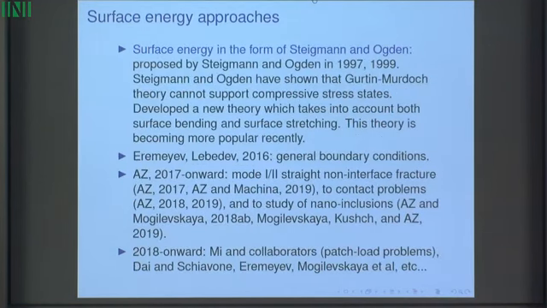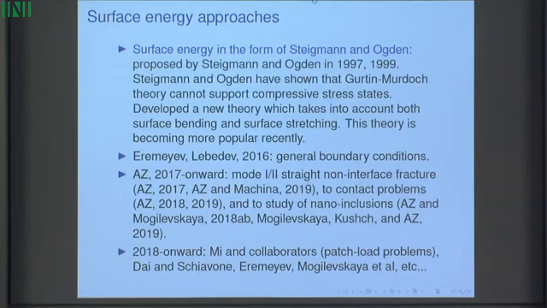Now, the model which I will describe today goes one step further compared to the Gurtin-Murdoch model. In 1997 and 1999, Steigmann and Ogden wrote two fundamental papers about enhancement of Gurtin-Murdoch theory. They noticed that Gurtin-Murdoch theory cannot actually support compressive stress states, which is supposedly the application it was created for.